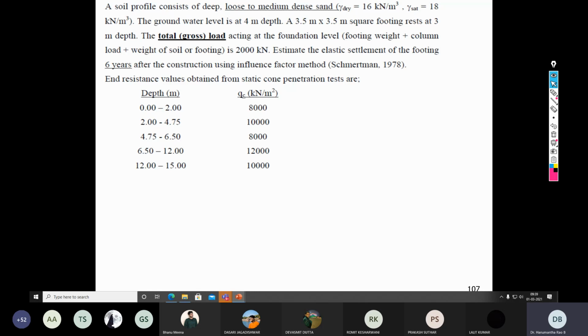Which equation is valid for this sum? So the equation which uses CPT in it. CPT in it. Okay. Very good. Next.